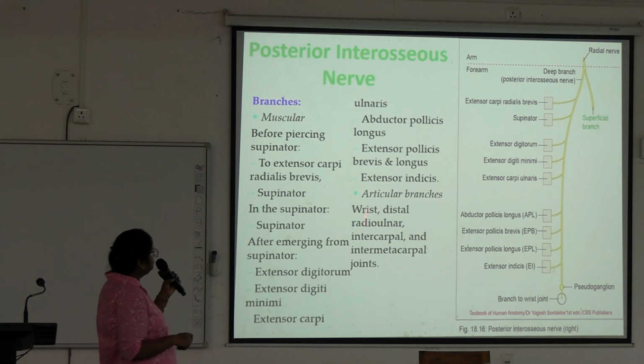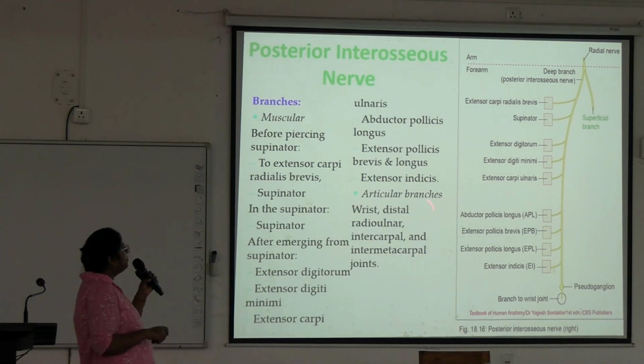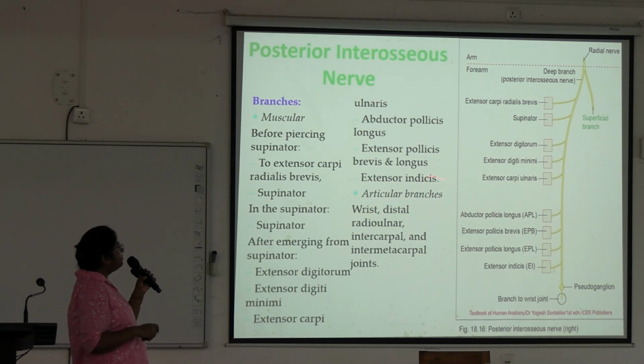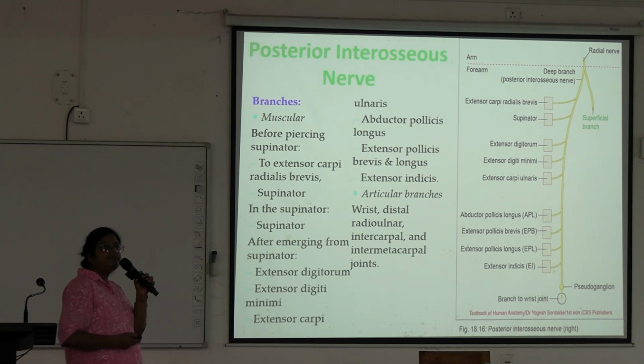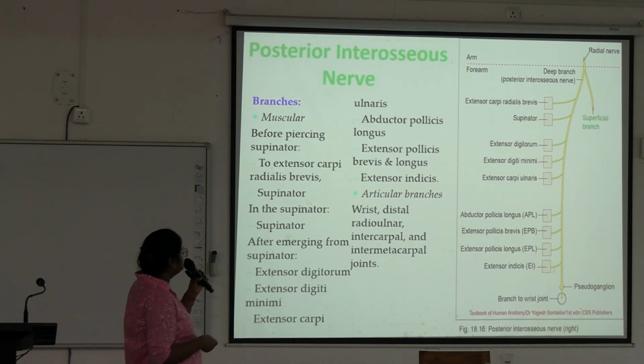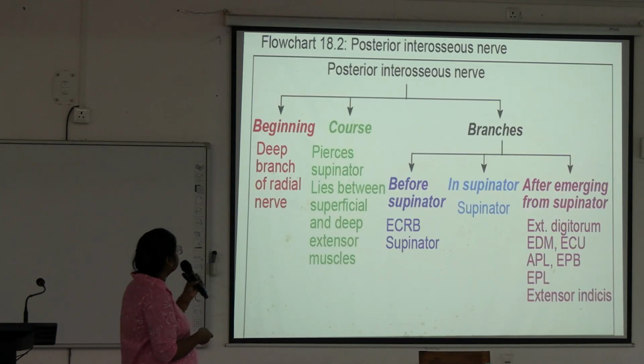It also gives articular branches to all the joints near the wrist: wrist joint, distal radioulnar joint, intercarpal joints, and intermetacarpal joints. All those joints get their supply from the posterior interosseous nerve.